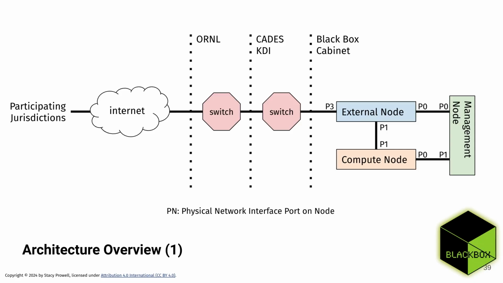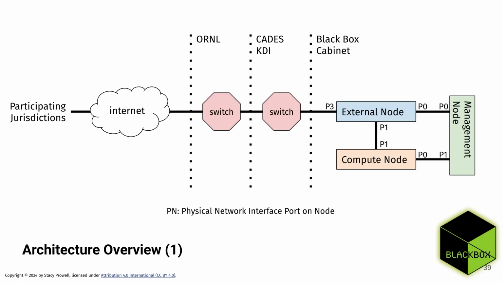When the system powers on, the external node and the compute node power up and they look for someone to PXE boot them, to serve them over the network some stuff to boot. The management node actually has storage. And so when it boots up, it is able to provide the image for the external node and the image for the compute node.